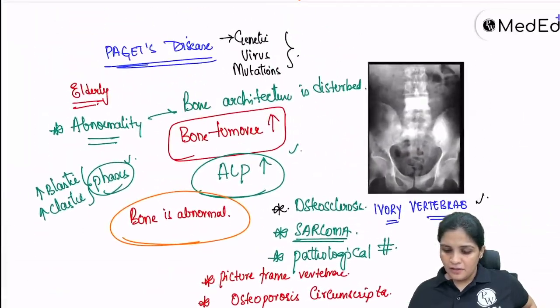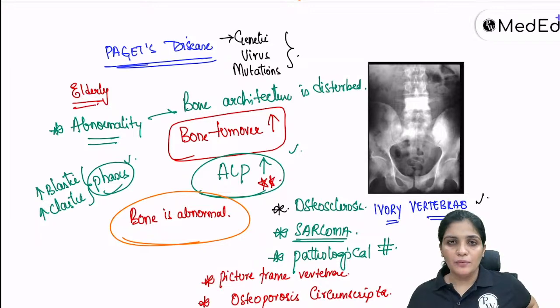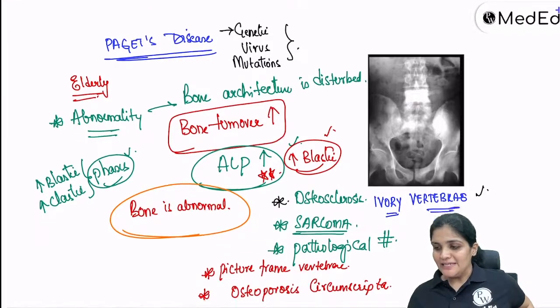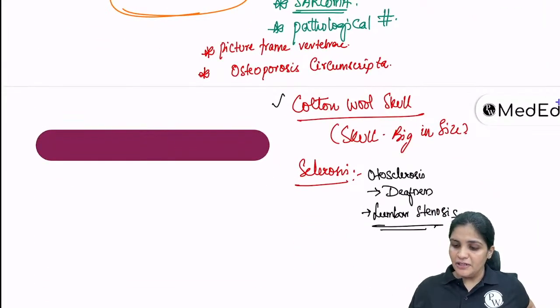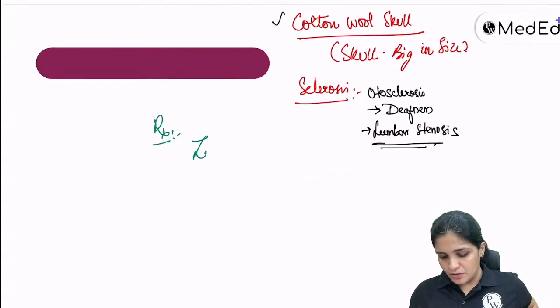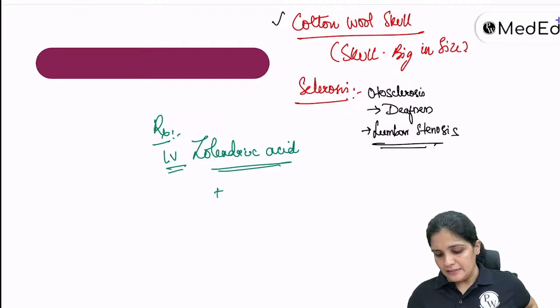Okay, what is the one abnormality which you have to remember? Increase in ALP. Rest all will be normal. Alkaline phosphatase increases because there is an increase in blastic activity, right? And how do you treat it? Treatment, usually we treat with IV zoledronic acid, and sometimes with surgical fixation.